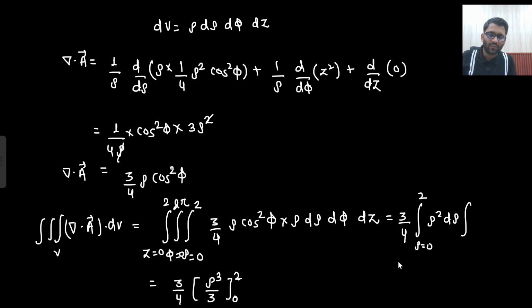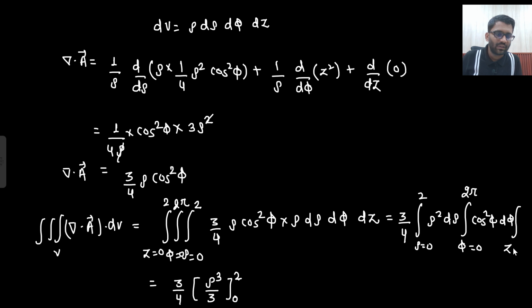Then I will take the limit of phi, going from 0 to 2 pi. Here it will become cos square phi d phi, and z has no other term, so z is going from 0 to 2 into dz.